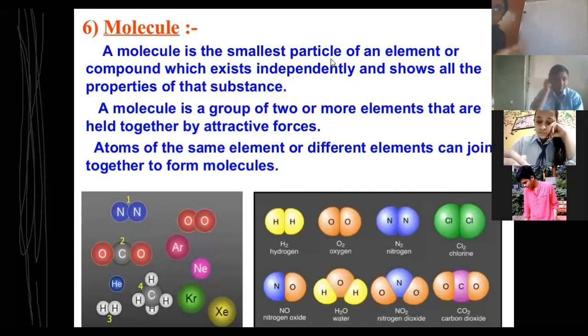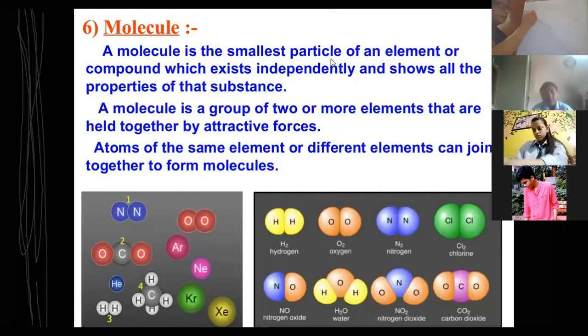They will be stable only by combining with atoms of a different element or atoms of the same element, so that they can exist independently. At that time they are called a molecule.